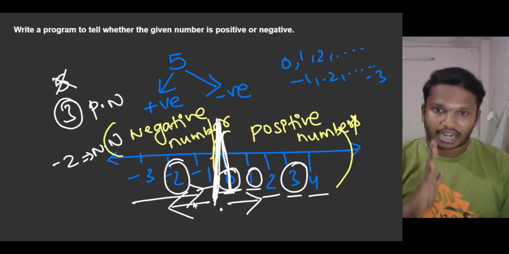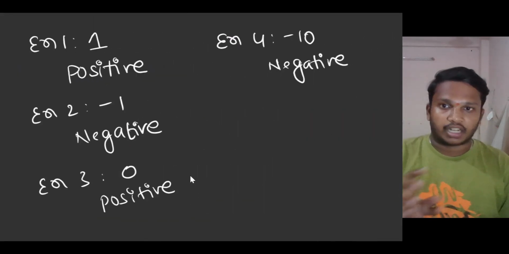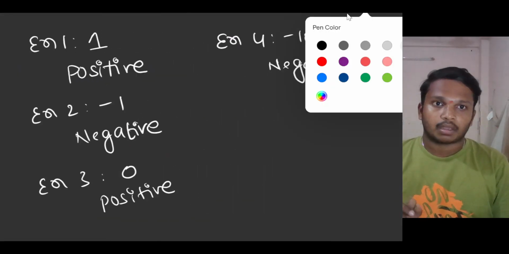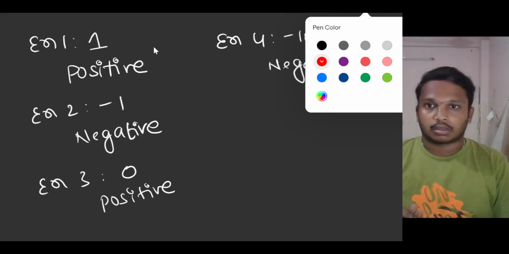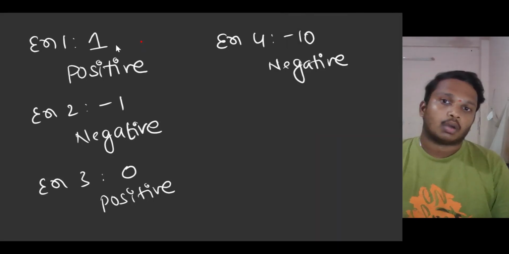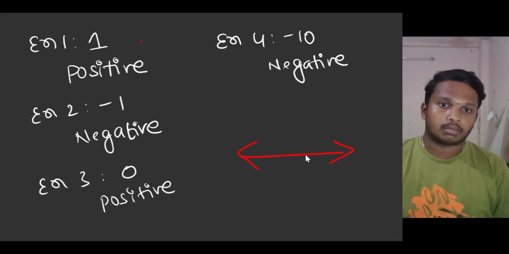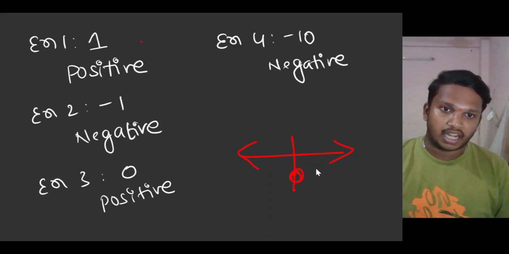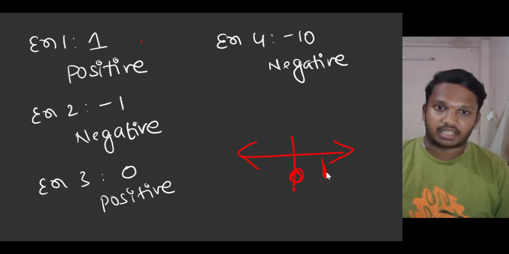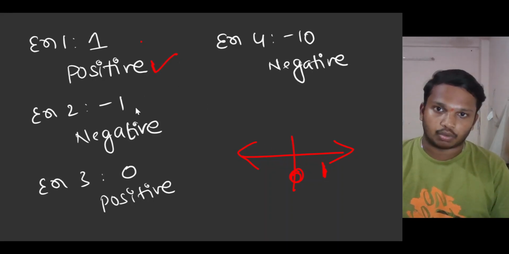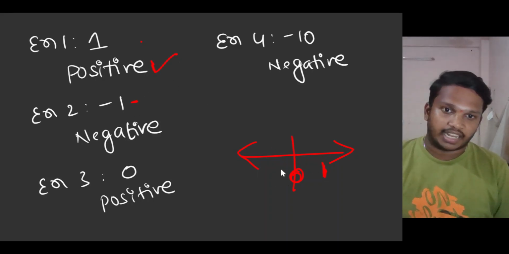If you understand this, let us solve it. First of all, 1 on the number line is not equal to 0 and is greater than 0, lying on the right side, right? So it is positive. For -1, it is lying on the left side, right?